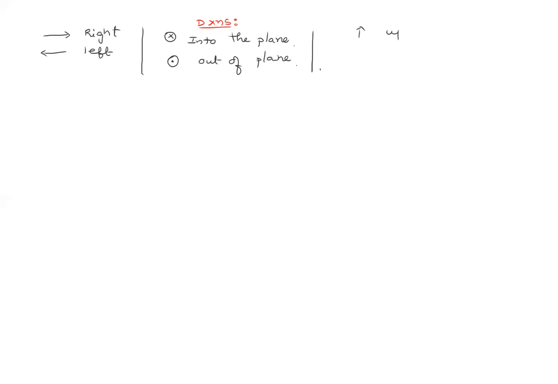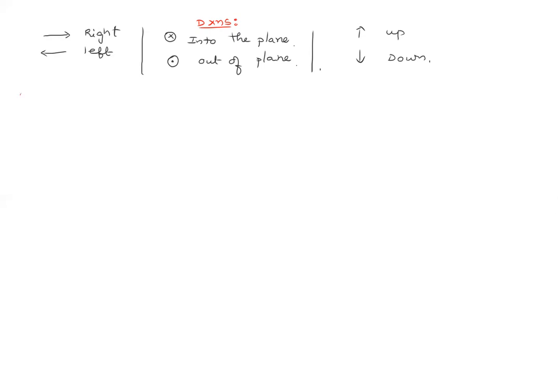Within the plane of the paper, this is right and that is left. This direction is into the plane, this direction is out of the plane, and this direction is up, this direction is down. These are your standard directions.